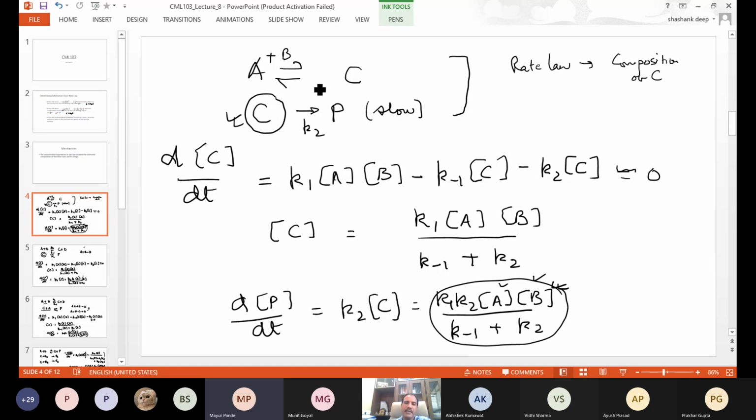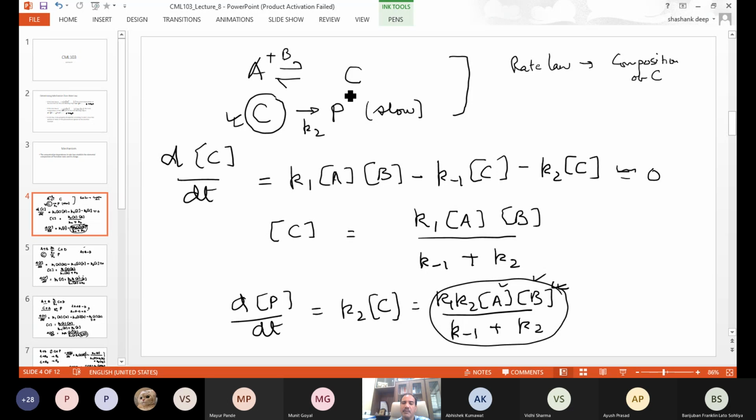What I explained in that class is that if the first step is reversible and the second step is slow, these are very fast. In that case, the concentration of C will be small. And if the concentration of C is small, we can apply a steady state approximation.